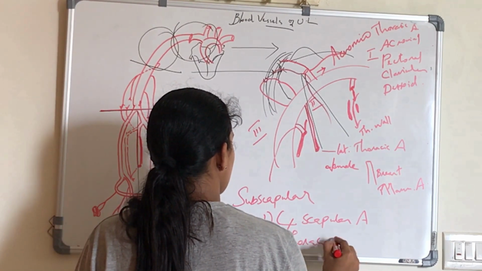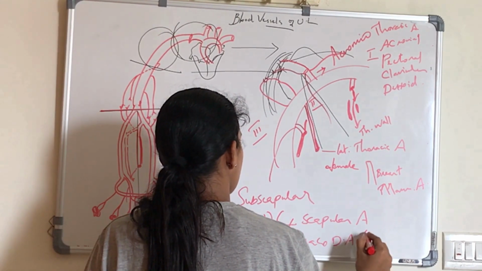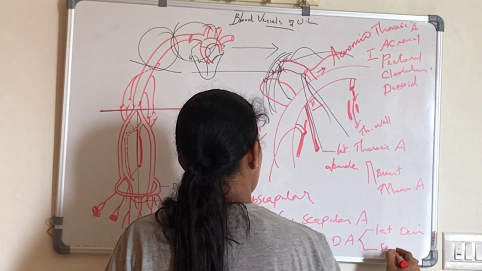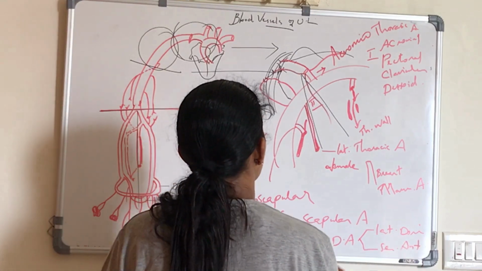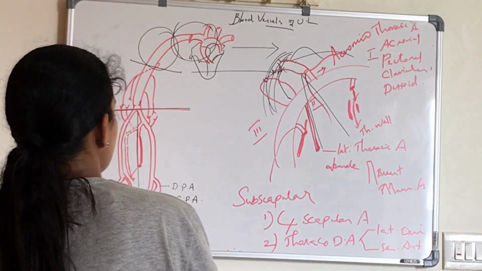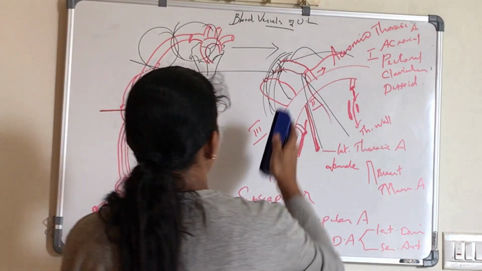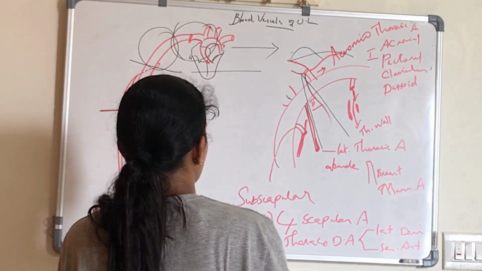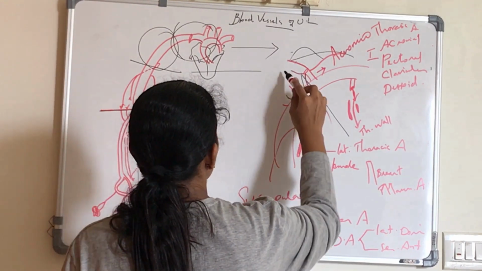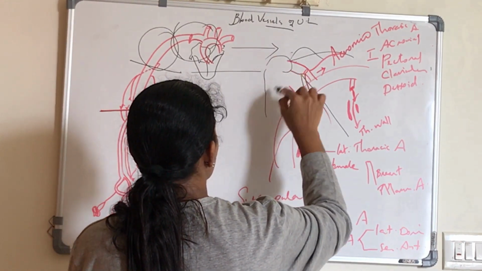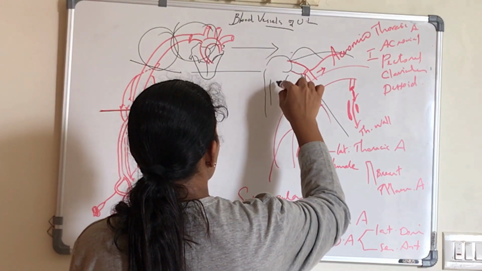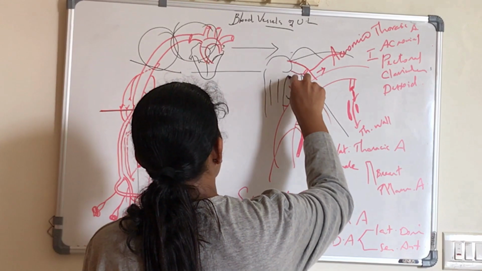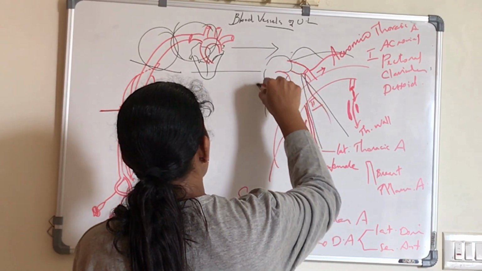The thoracodorsal artery supplies the latissimus dorsi and serratus anterior. Third part gives two more branches, anterior circumflex humeral and posterior circumflex humeral, which wind around the surgical neck of humerus.